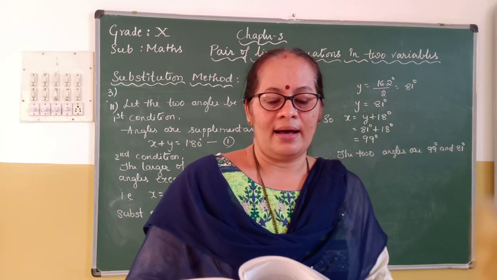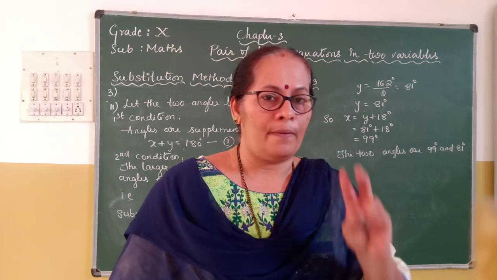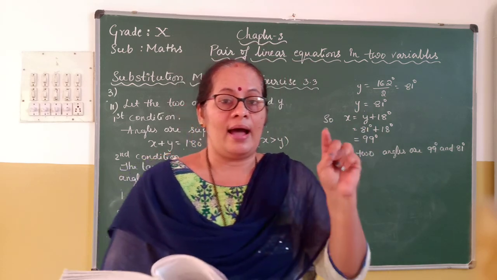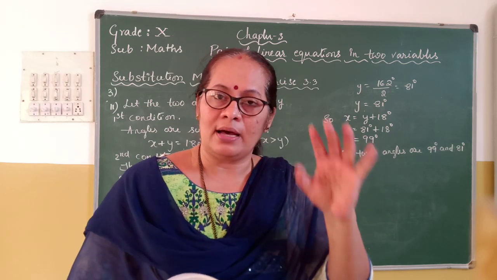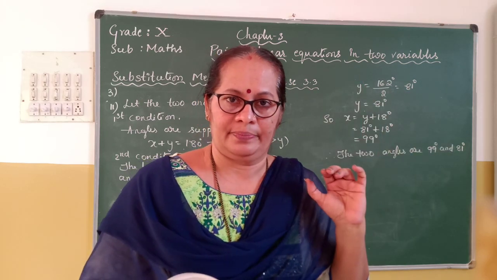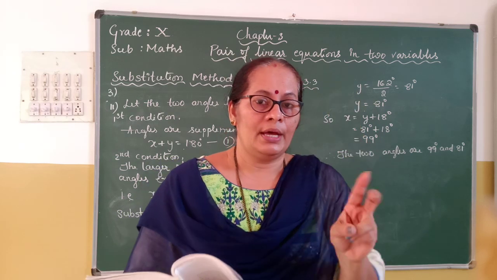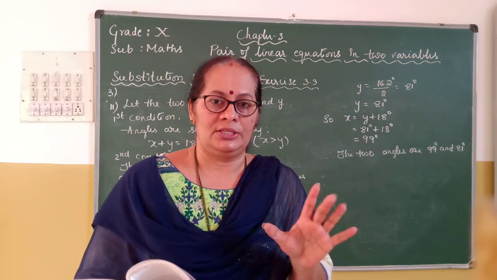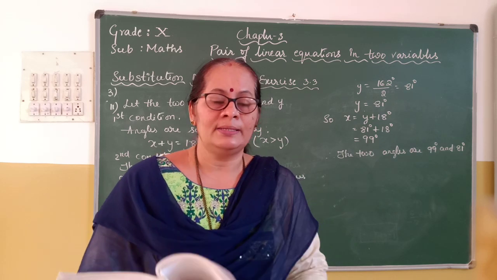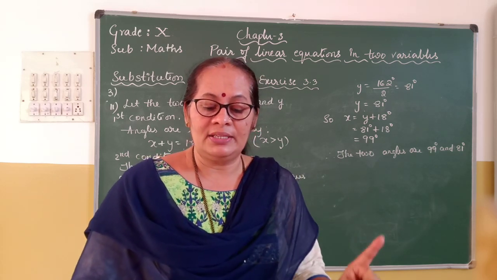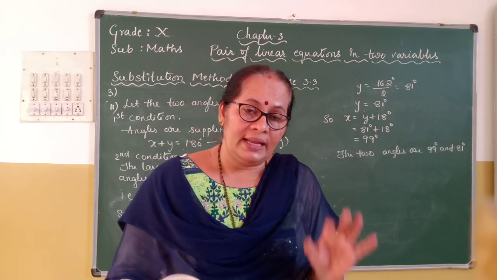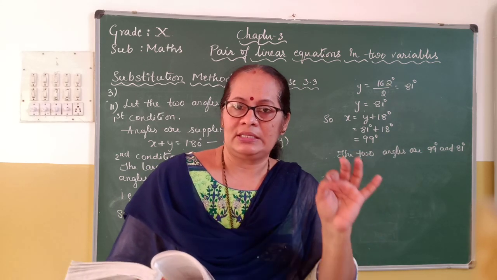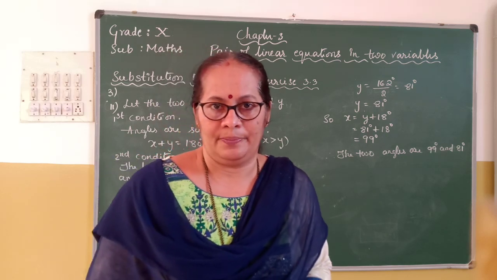The taxi charge consists of two charges. One is the fixed charge and the other is the charge for the distance covered. Understood? So take the fixed charge as x and the charge for the distance covered as y.